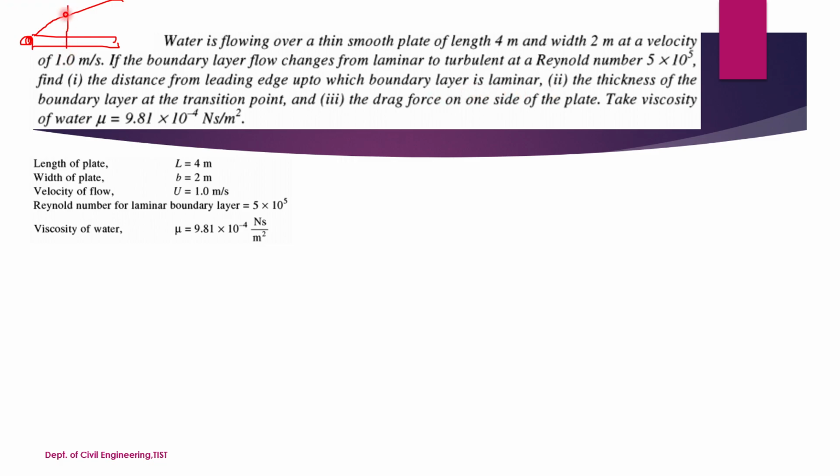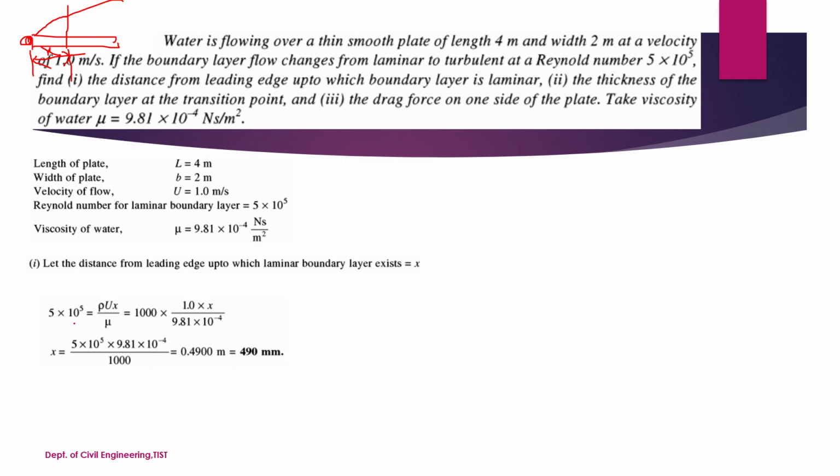So at this particular section, what will be the value of Reynolds number? At this section, the Reynolds number will be 5×10⁵. So we'll just take this distance as x from the leading edge to this section. Let the distance from leading edge up to which laminar boundary layer exists be small x.